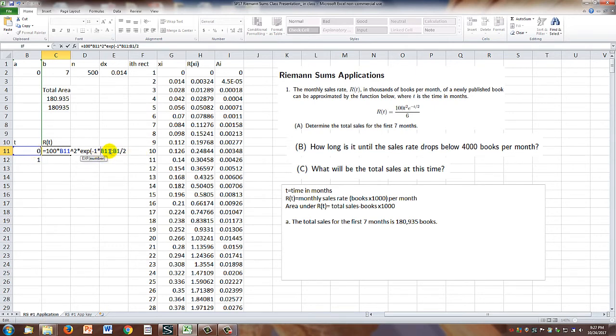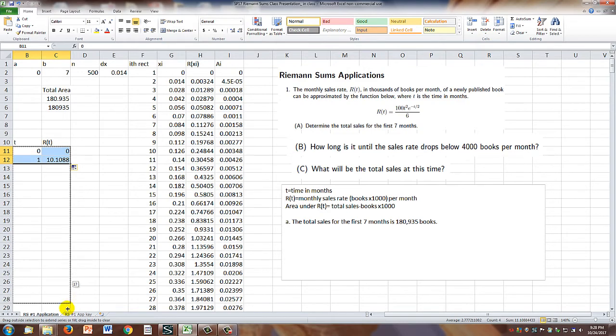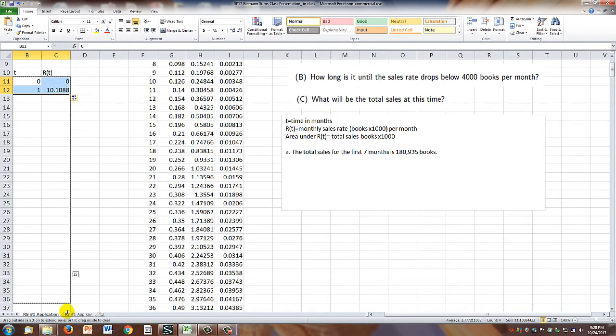Looks like I hit something wrong here. -1 times B11 divided by 2, close the parentheses, divided by 6. And if we want to look at, let's go past, let's look at 24 months.